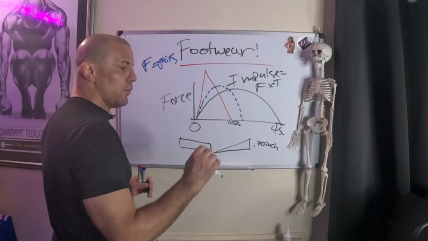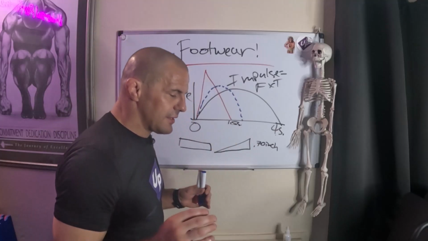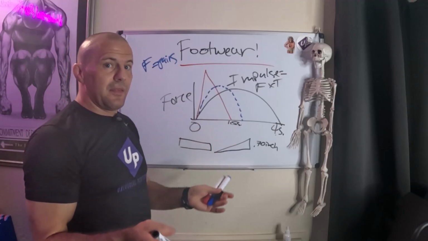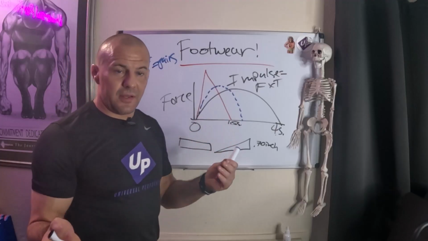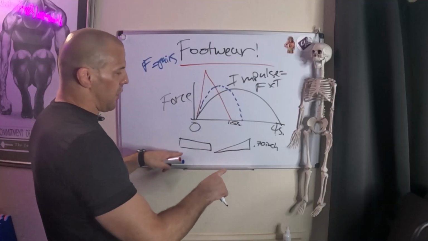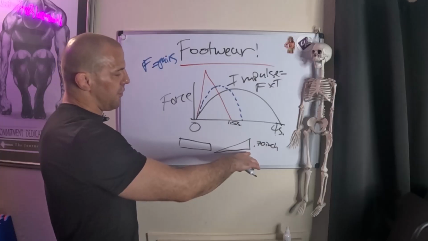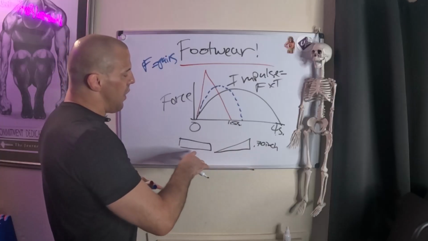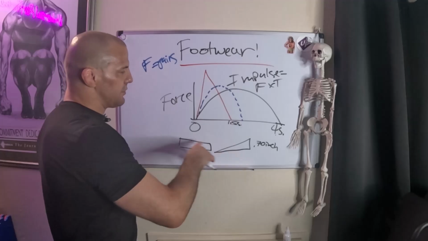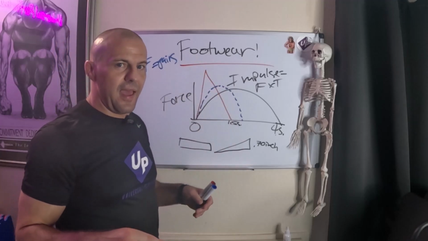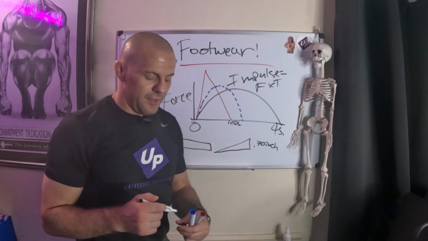However, it will put us at more of that flexed ankle position, which, depending on what the goal is, again, that can be useful and it can be detrimental. Neither one of these are wrong. They both have their merits. I would prefer the Adidas wedge shoe over the Chuck Taylors, simply because we're gonna have a higher peak force, regardless of the fact that the lift would be a little bit more quad dominant.